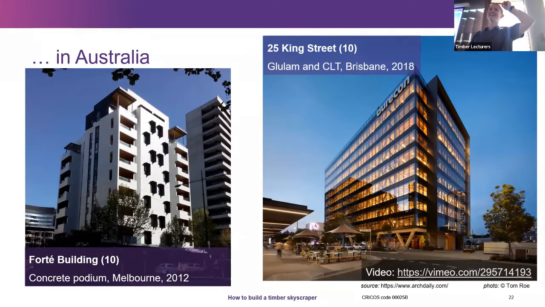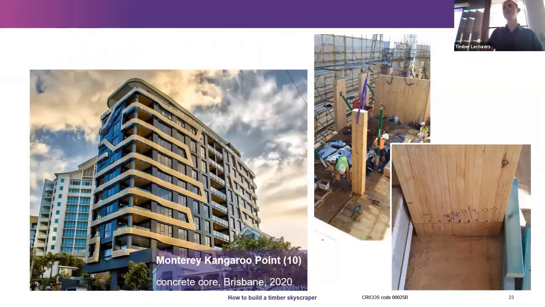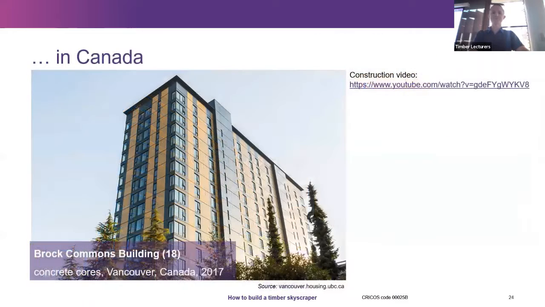I've put a video there for you if you're interested in the construction of it. And then Monterey Kangaroo Point, which is the luxury apartments. And we went on a site visit there in 2019, 2020.